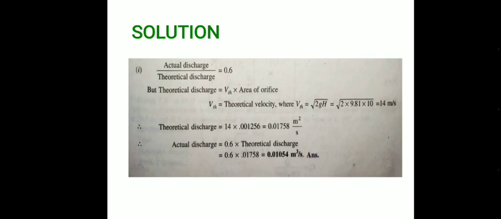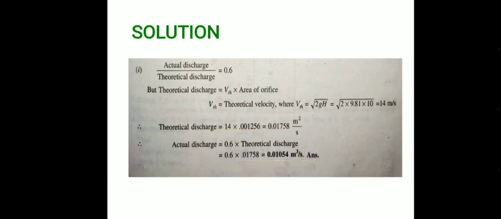Then finally, to the root equation, actual discharge by theoretical discharge. We already found theoretical discharge of the orifice. Back substituting the value of theoretical discharge in this equation, we get the actual discharge of the orifice, which is 0.6 into theoretical discharge.